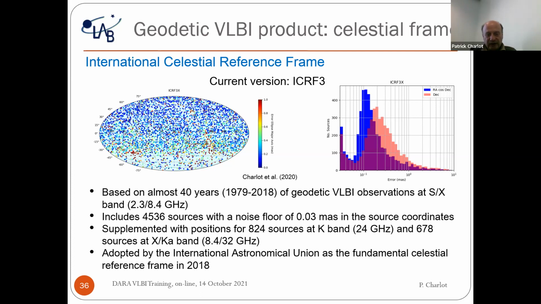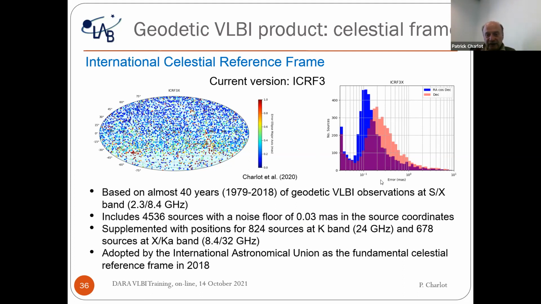And by very precisely, this is at the level of 0.03 milliarcseconds or 30 microarcseconds in right ascension and declination. So this is very precise. And this was obtained thanks to all the geodetic observations that have been carried out over almost 40 years, since the end of the 90s. So this is almost 40 years.